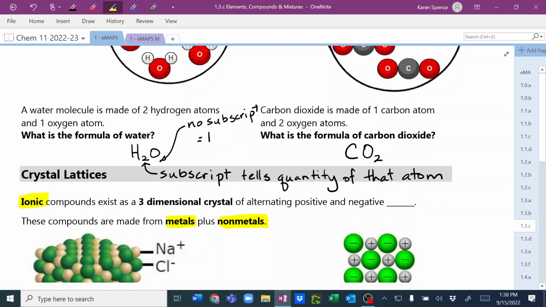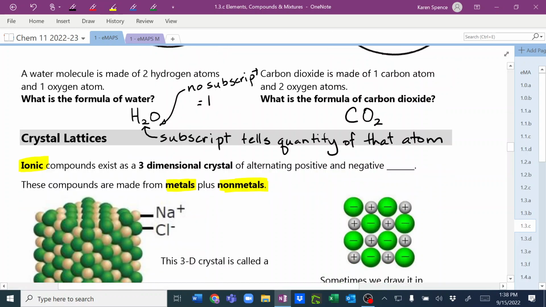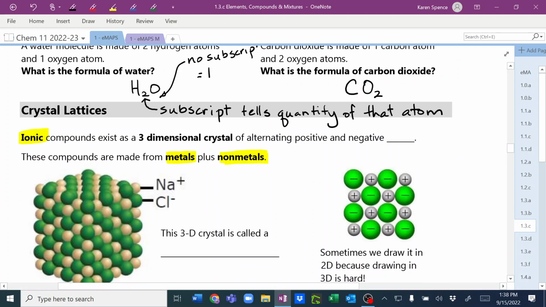Okay, this might be new this year. Depends on who your teachers were in the last couple years. It exists as a three-dimensional crystal of alternating positive and negative, what are ionic compounds made? Don't think too hard. Ionic compounds are made of ions, okay?